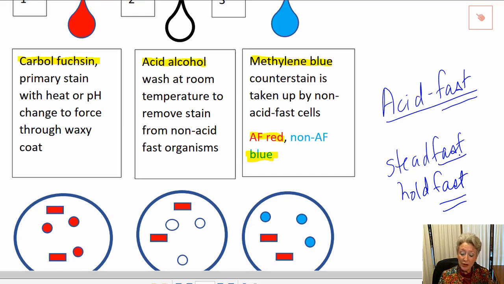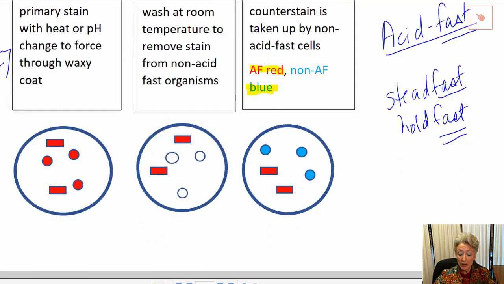So in this same sense, my acid-fast cells are holding on tight to the primary stain. My non-acid-fast are letting go at one step, okay? So it's not that this is a rapid stain in the American usage of the word. When we talk about something being fast or slow, it means that it's something you can do rapidly. But that's not the sense of the word here. We're talking about holding on tightly.